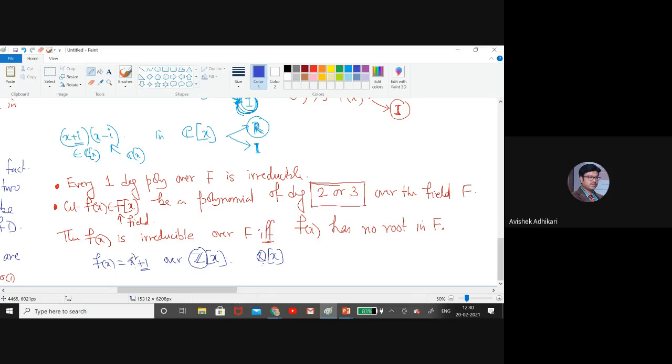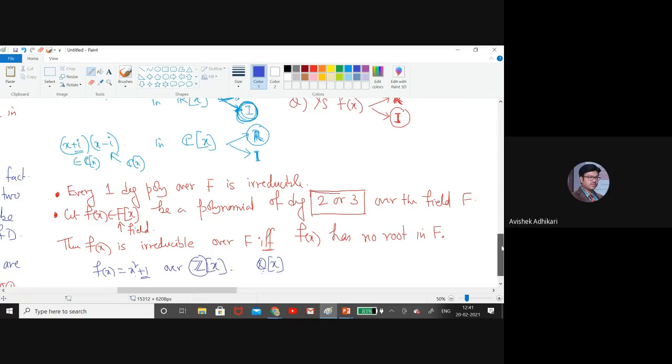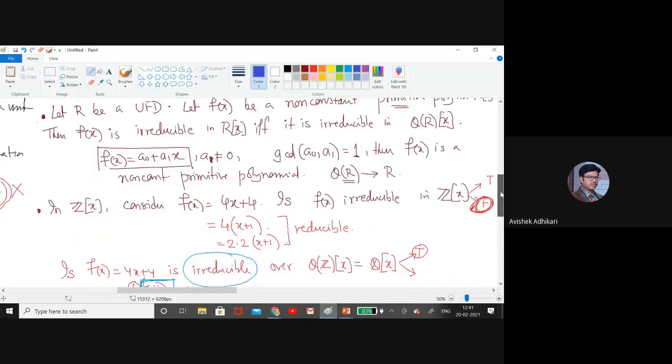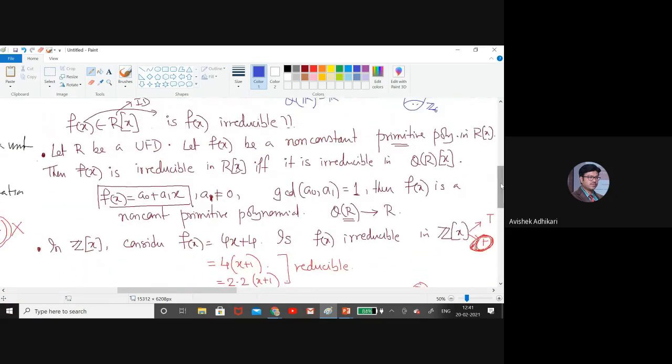This coefficient is 1, this coefficient is 1, so this is a primitive polynomial in Q[x]. Just now I mentioned that if you have an irreducible polynomial in Q[x], then it will also be irreducible in Z[x], because Q is the quotient field of Z. Just now I mentioned this result. So here is the result, yes, this one.